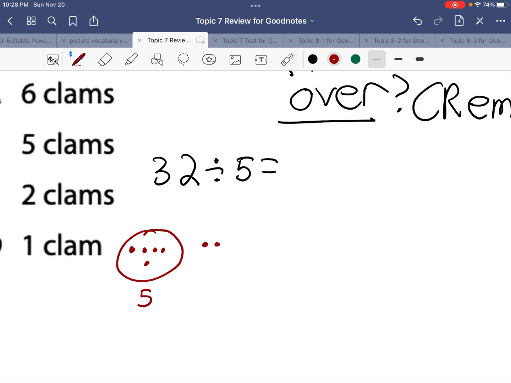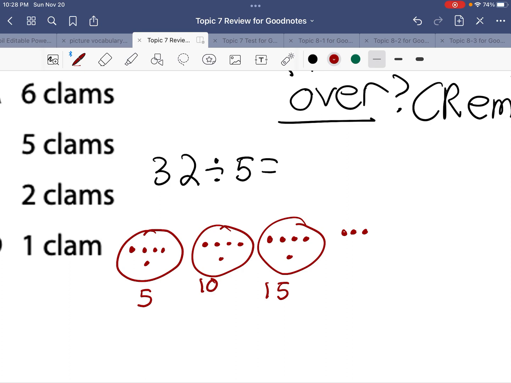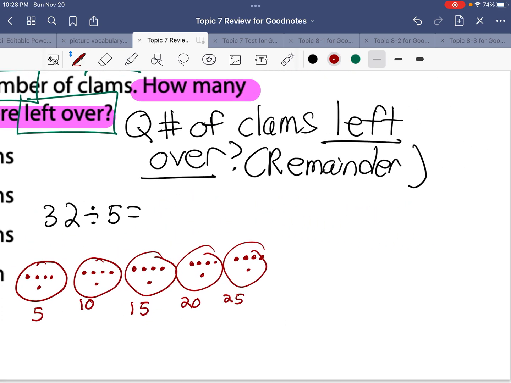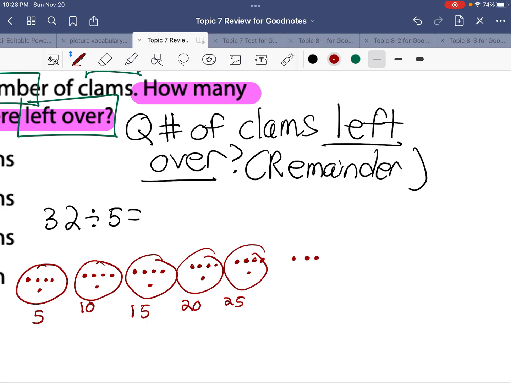So 6, 7, 8, 9, 10. 11, 12, 13, 14, 15. 16, 17, 18, 19, 20. 21, 22, 23, 24, 25. 26, 27, 28, 29, 30. 31, 32. Because I don't have 5 here, I cannot make a circle.